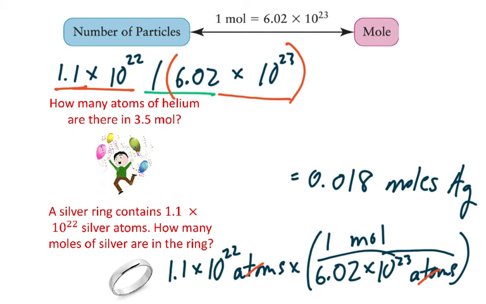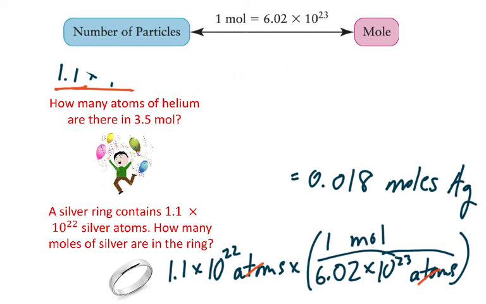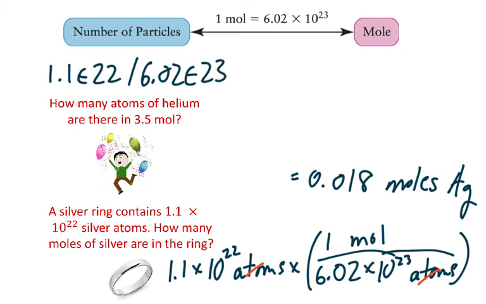So you can use parentheses, or we can use the actual notation that your calculator has, which is the E button, again, like probably the shift button above a 7 if you have a TI, or on some others it might actually say 10 up to the X. But we would write it or type it into our calculator like this. 1.1 E22 divide by 6.02 E23.